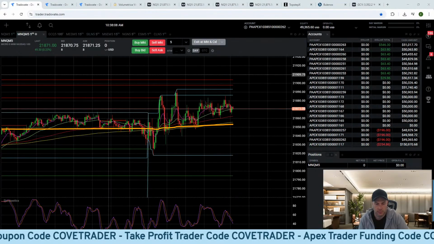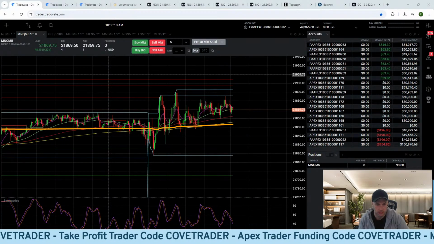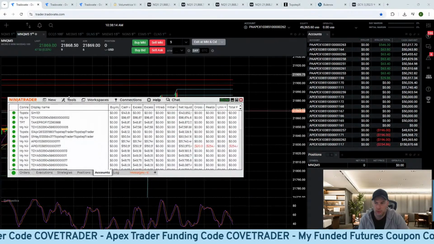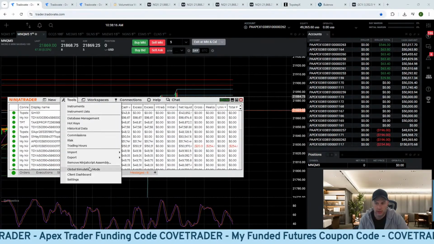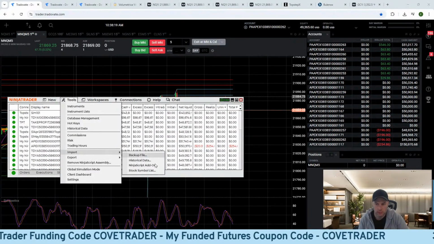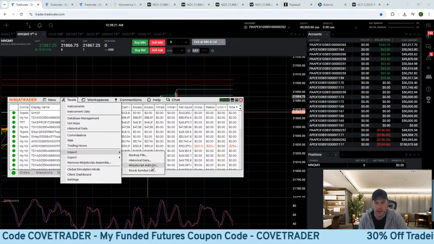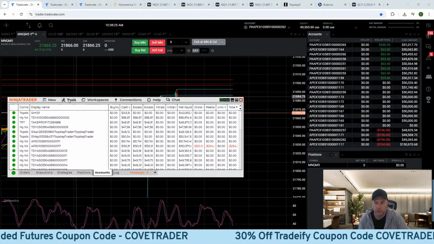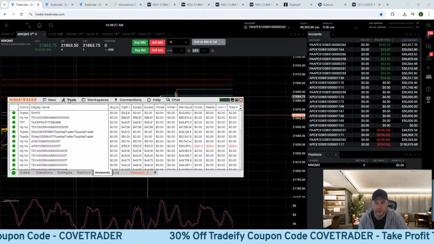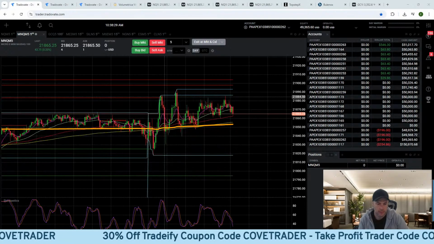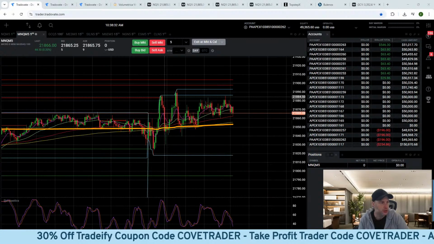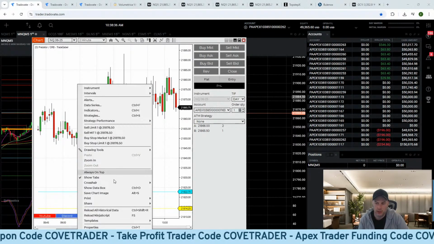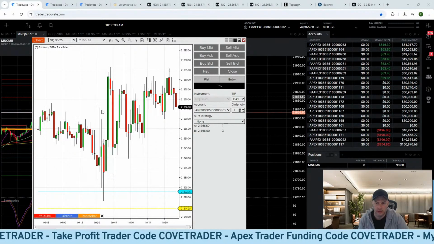So I'll just show you. You had to load it up through import, Ninja script add-on, but you got to load up 2 files. And once you load up the files, you then have to go to the chart. And there's indicators. So you got to first set up.